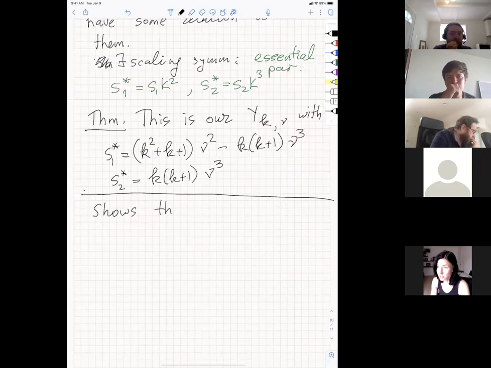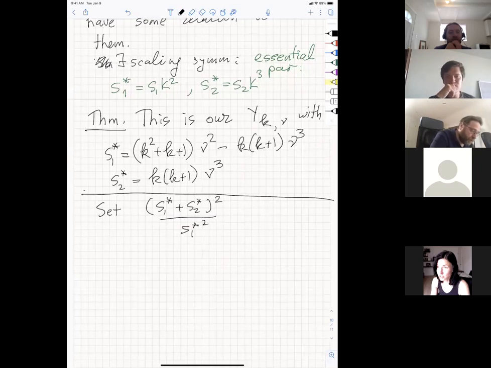So if you take S1 star plus S2 star squared over S1 star squared and call this U, and then take zeta equals k inverse plus k plus 1, then you get a cubic equation: zeta cubed minus u zeta plus u equals 0.